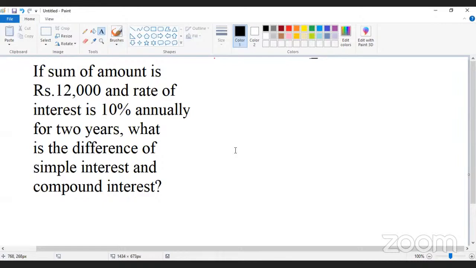The first question, when we did it for 3 years, we got 3,310. That means 310 rupees was the difference. The same thing, right now they have given you the principal amount and the interest. If you do them both together, what will be the difference? 120, that's good.